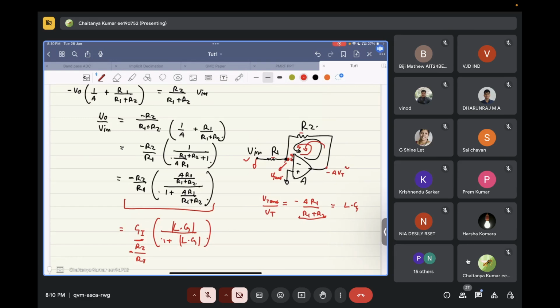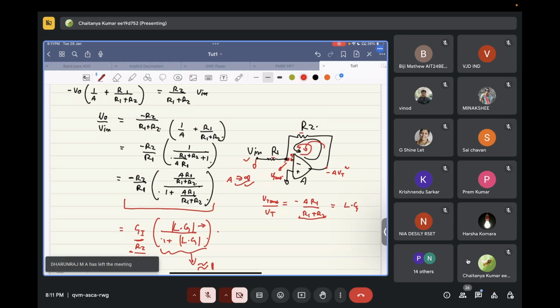Is this clear to you guys? Now, what will happen if A tends to infinity? In that case, loop gain will also tend to infinity, and infinity upon 1 plus infinity will be, as A keeps on going to infinity, equal to 1.